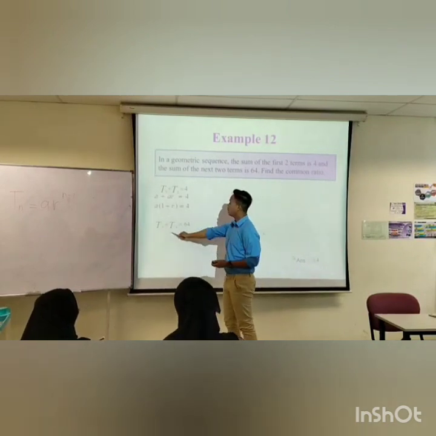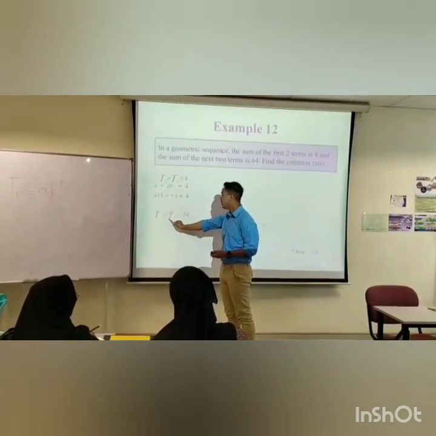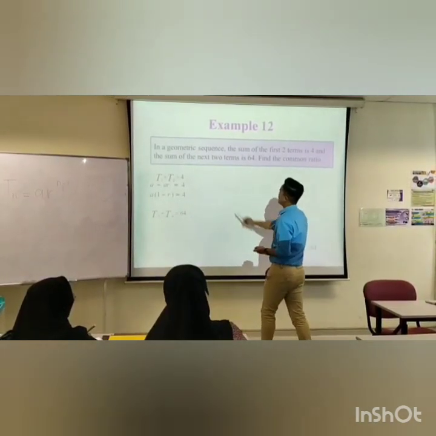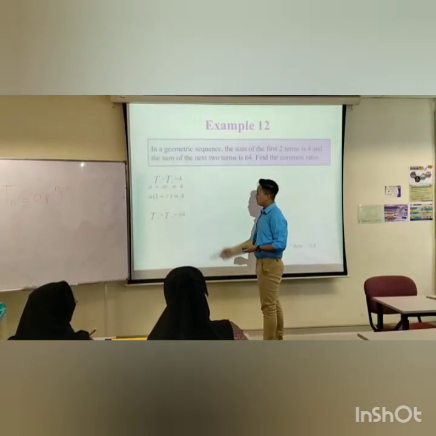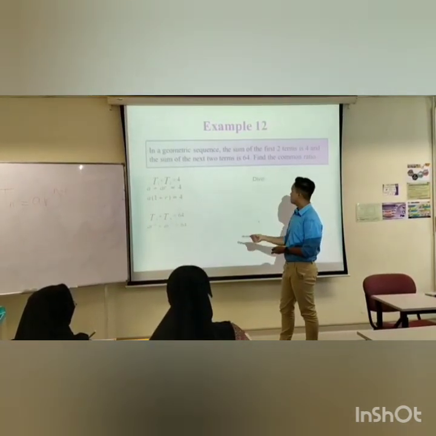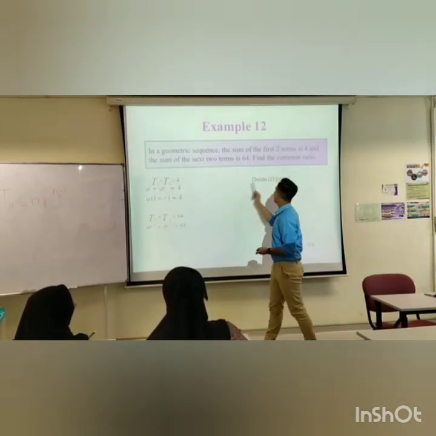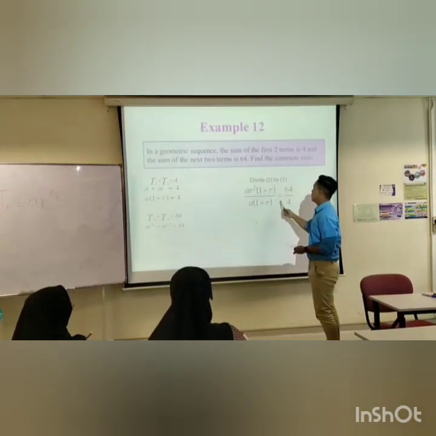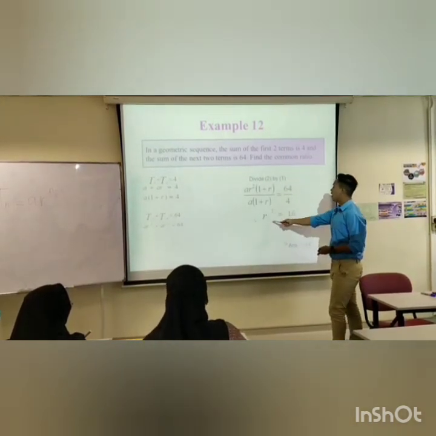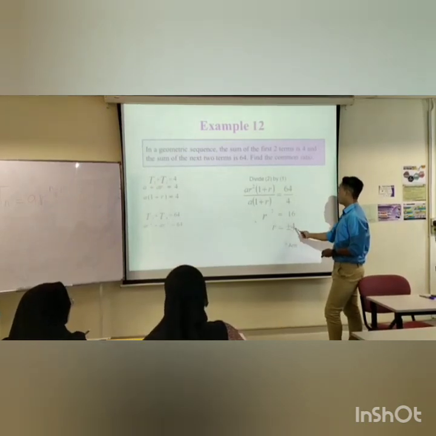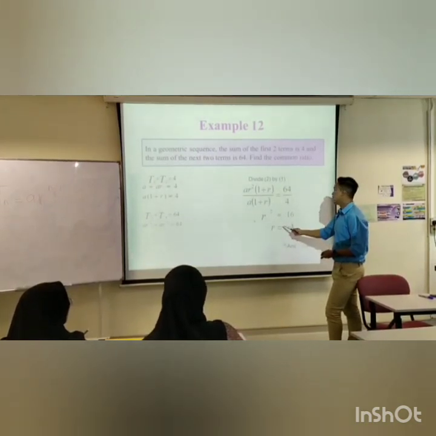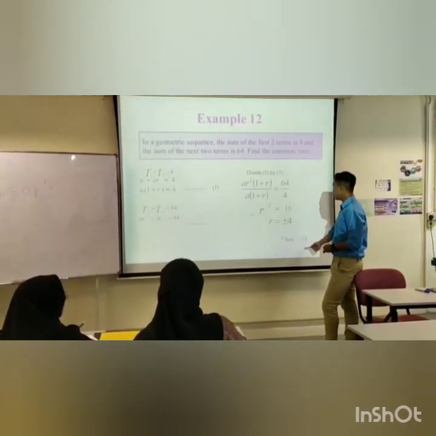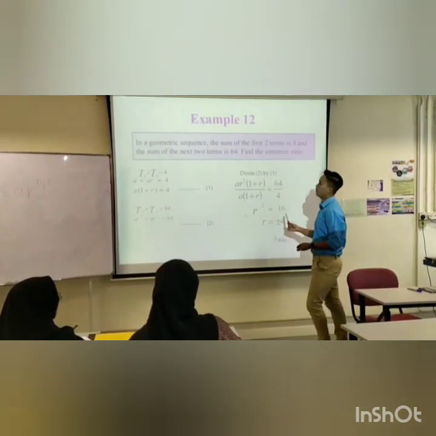And then T3 plus T4 equals 64, which is the sum of the next two terms. And then we get the second equation. So we divide equation 2 by equation 1, and we get this. And R is equal to plus or minus 4. But since R must be positive, the answer is positive 4.